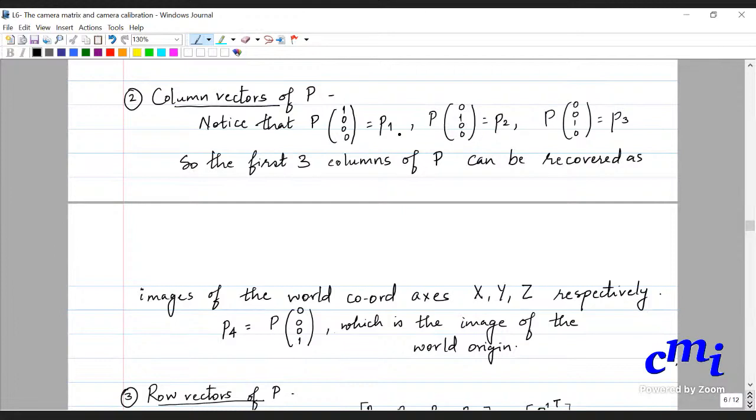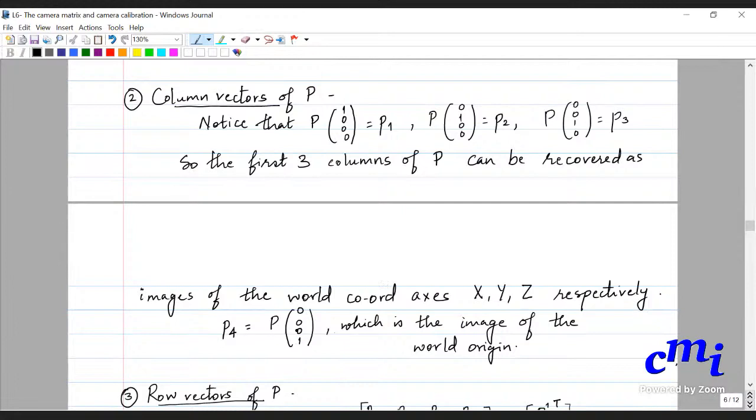So the first three columns of P can be interpreted as images of the world XYZ coordinate axes. And the fourth column is the image of (0, 0, 0, 1), the homogeneous point corresponding to the inhomogeneous point (0, 0, 0), which is the origin in world coordinates.